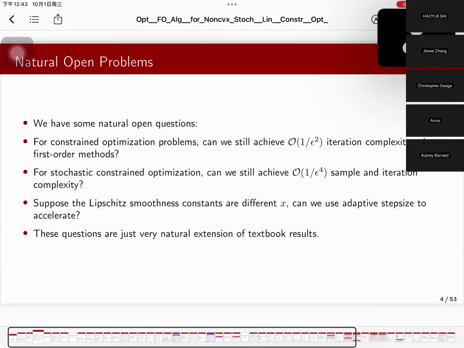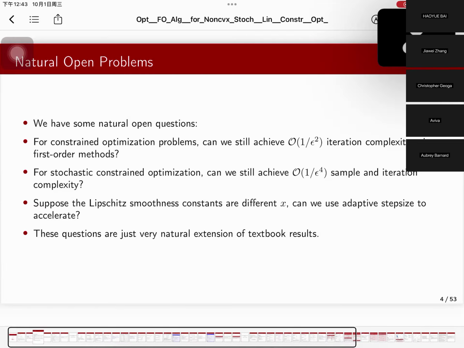Previously, we talked about convergence results for unconstrained problems. But if we have constraints, or furthermore, if the constraints are stochastic, what's the convergence rate? Can we still have the same iteration and sample complexity for both a deterministic case and a stochastic case?